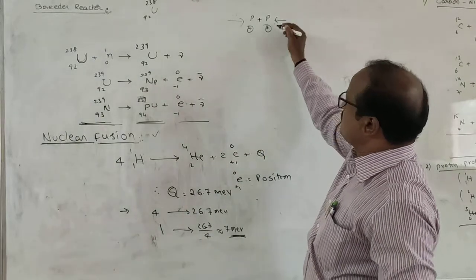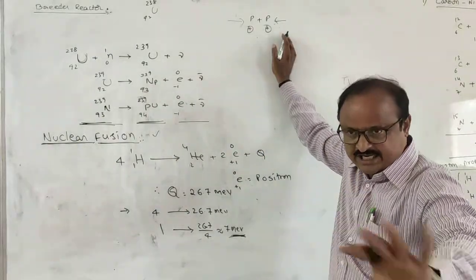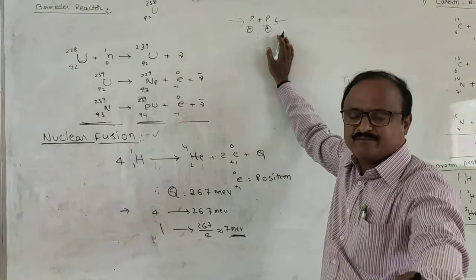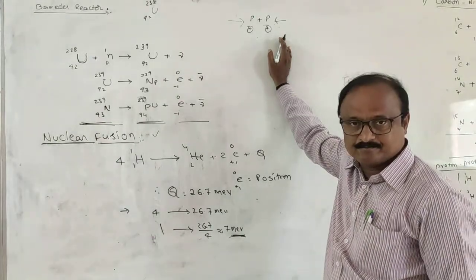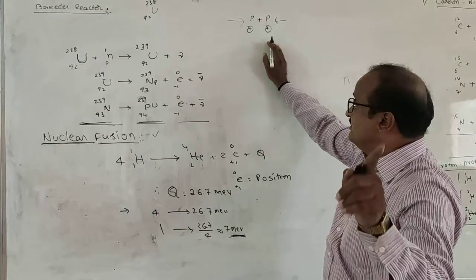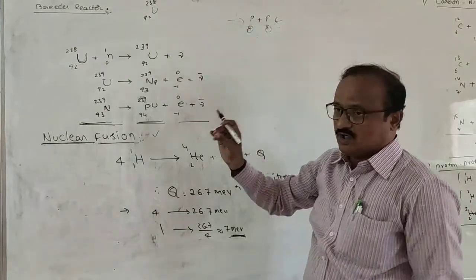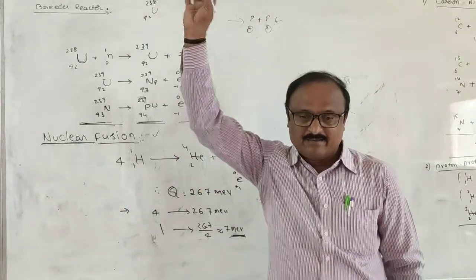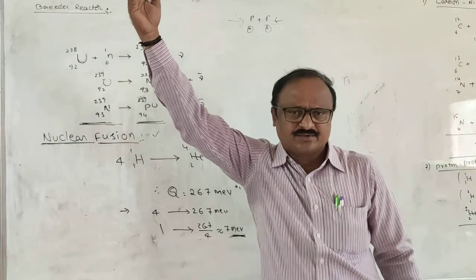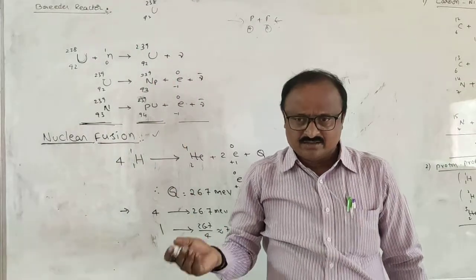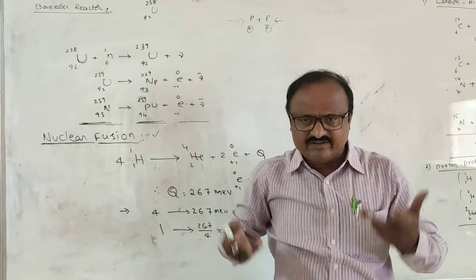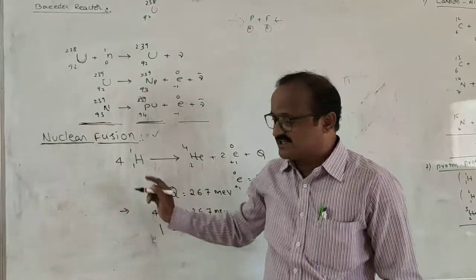That large amount of energy is not possible in any ordinary reaction, or on the earth's surface. So these reactions are possible only at high temperature and high pressure. High temperature means a large amount of heat energy is available for the reactions.